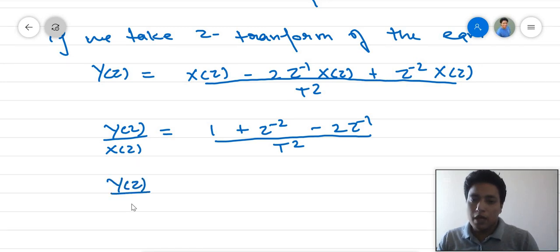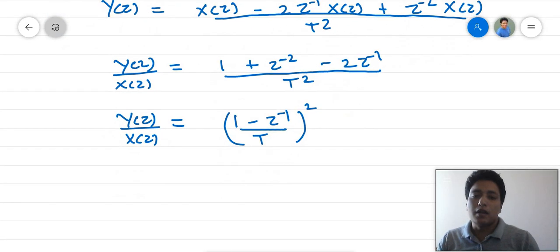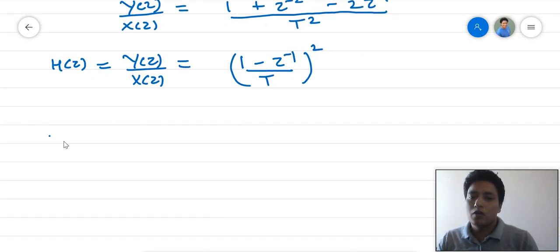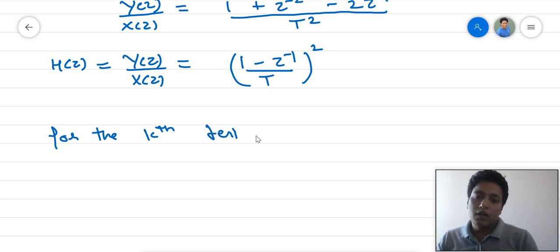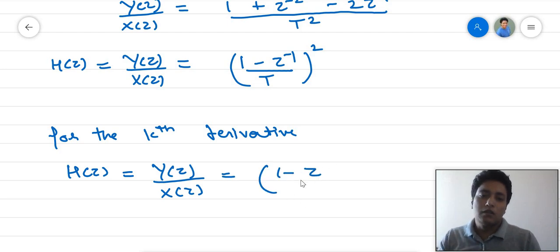This Y(z) by X(z) is nothing but 1 minus z inverse by T, whole square, and that is equal to H(z). Now for any derivative, for the kth derivative, H(z) will be equal to Y(z) over X(z), which is 1 minus z inverse by T, to the power k.